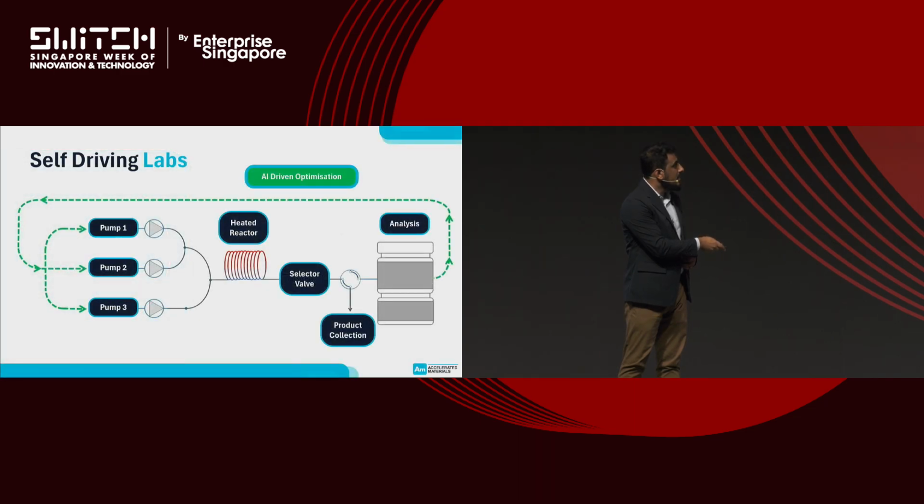Oh, here we are, at the bottom here. What we can then do is take a small amount of our product, analyze it using this instrument here, and then feed the results to the AI algorithm. The AI algorithm can decide how it wants to improve the recipe and then have a second crack at the process. Again, it can collect most of the product here, do the analysis, and then just go through this loop iteratively until it's optimized the entire process.